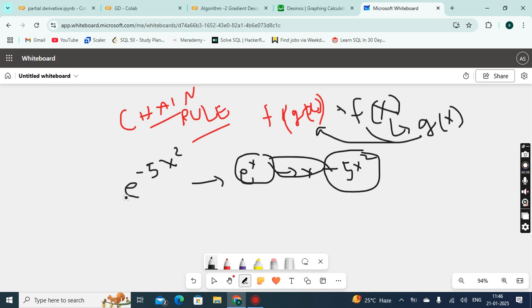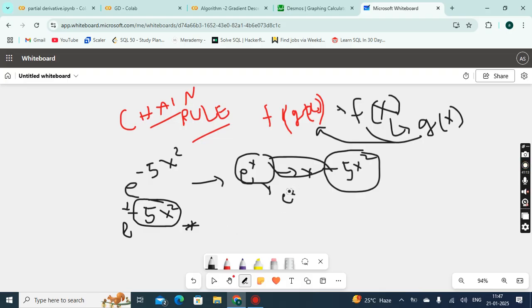So how do we solve this? We take the first part as it is, e of minus 5x squared, and then multiply it with the derivative of the inner part. The derivative of e of x is e of x, so this is e raised to the power minus 5x squared.